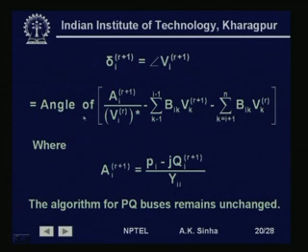Therefore, we can find out the angle very easily as angle of Ai at r plus 1th iteration value into Vi r minus summation Bik Vk r plus 1th iteration minus summation Bik Vk r, where Ai is given by Pi minus jQi at r plus 1th iteration divided by Yii.